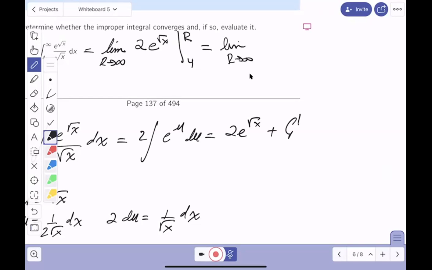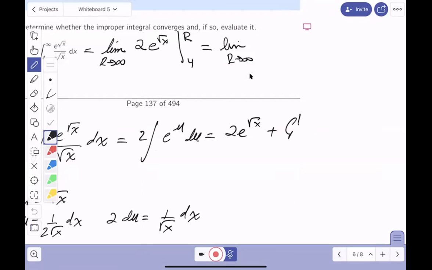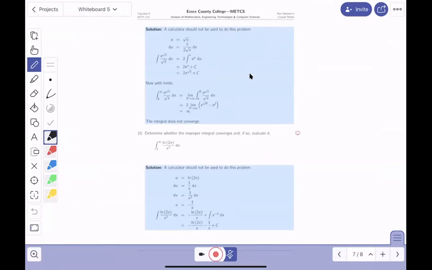The limit as r goes to infinity of 2e to the root r minus 2e squared. And what's that going to be? Infinity. So this diverges. It doesn't converge. All right, so let's take a look. Now go to the next page, and let's see how we did.